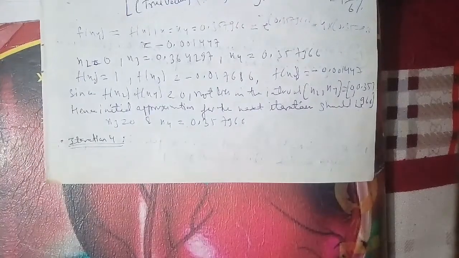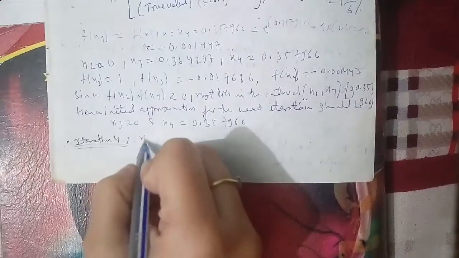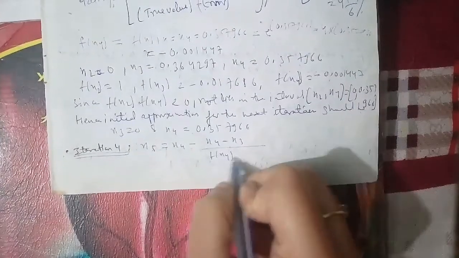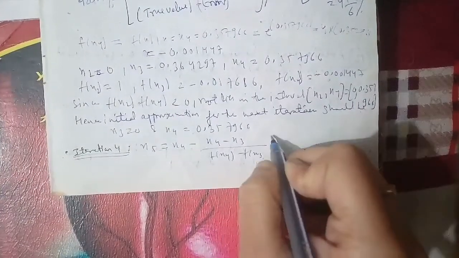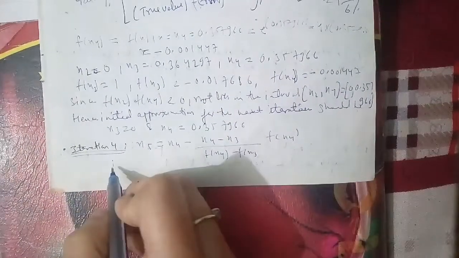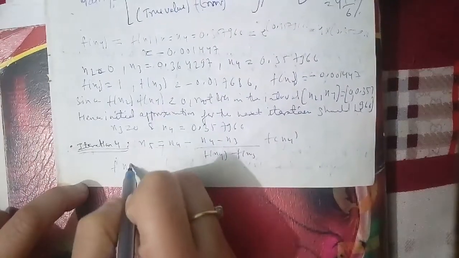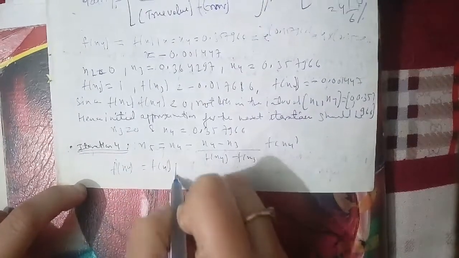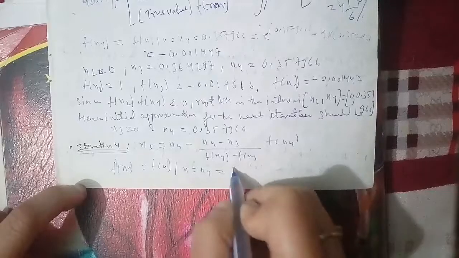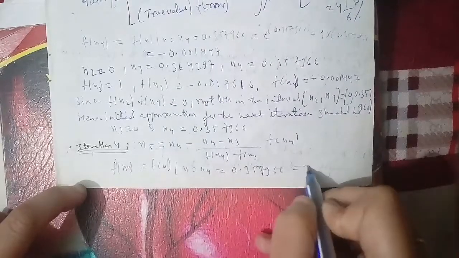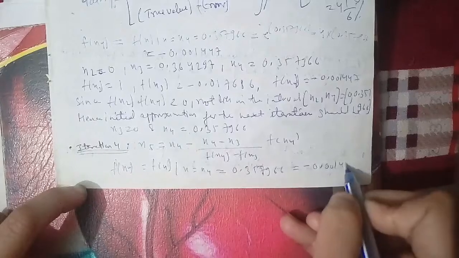For iteration 4 here, x5 is equal to x4 minus x3 upon f(x4) minus f(x3) into f(x4). I'll put in the values. f(x4), that is f(x) at x equals x4, is equal to minus 0.01447.